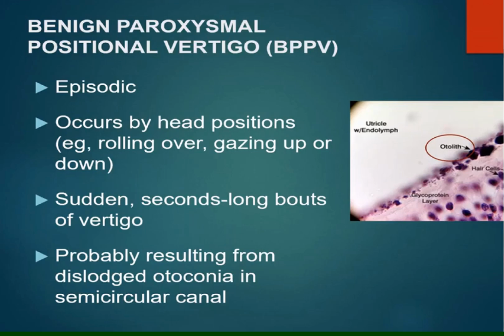And most likely they result from a dislodging of otoliths in the semicircular canal. And you can see on the diagram to the right a stained cross-section of the semicircular canal with little dark stones there circled in red that are otoliths.